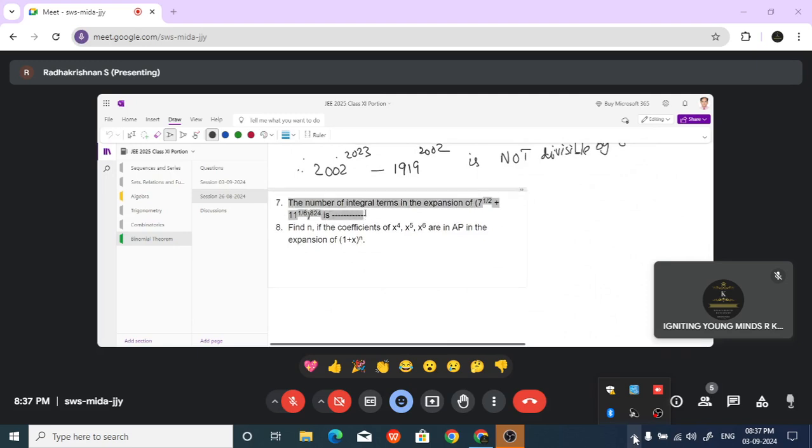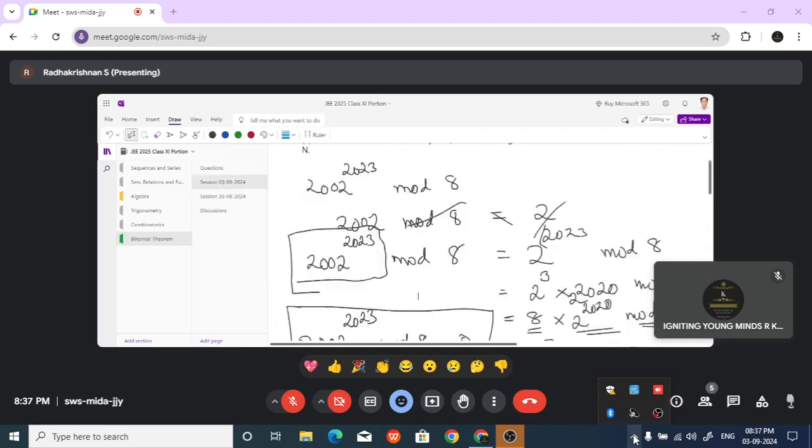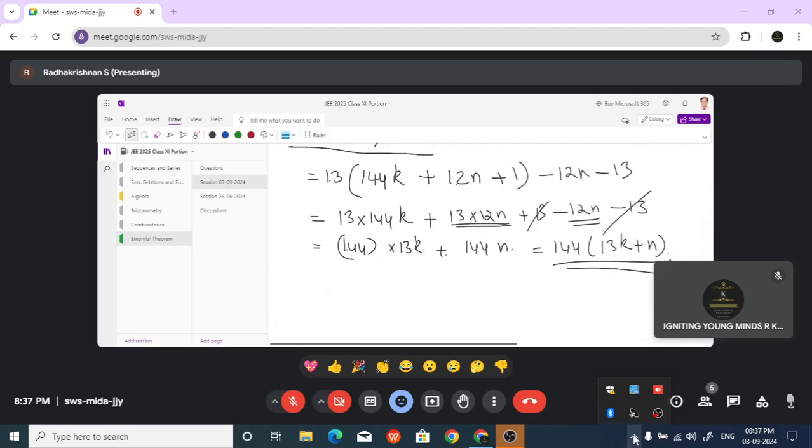This kind of problem is very common: the number of integral terms in the expansion of something, or the number of rational terms, number of integral terms.